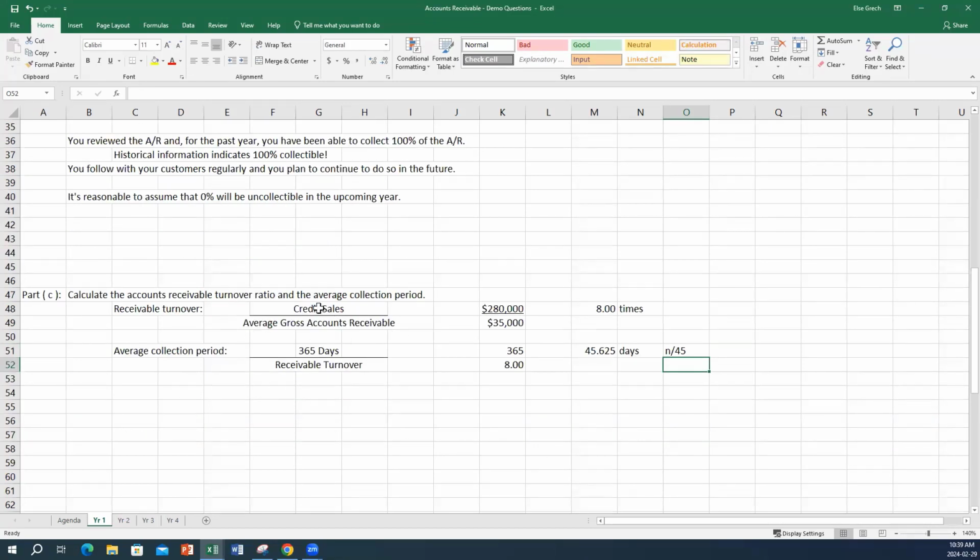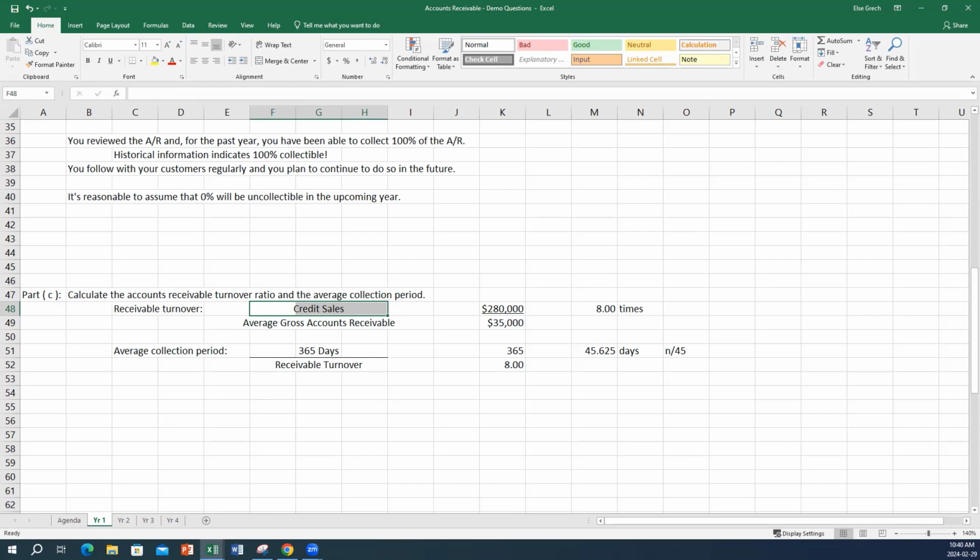I do want to mention something right here with regards to credit sales. Unfortunately, companies rarely report the amount of credit sales on their financial statements. So be aware, if a company doesn't report the amount of credit sales, you have to use total sales, including both cash sales and credit sales, as a substitute.